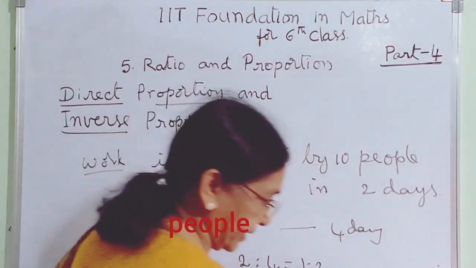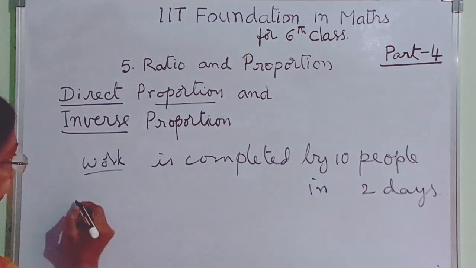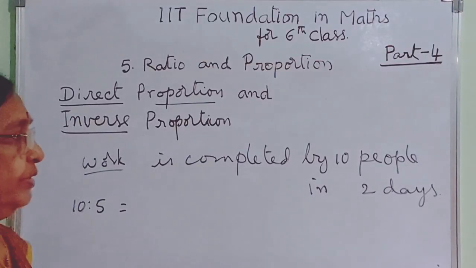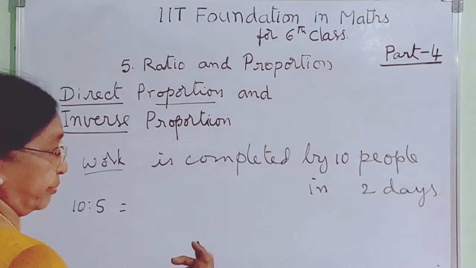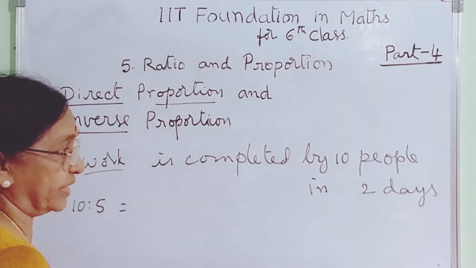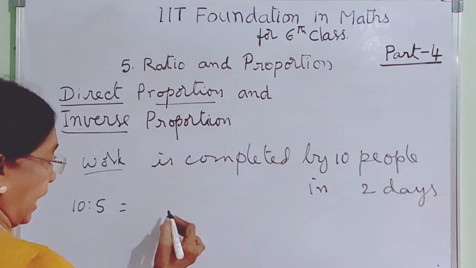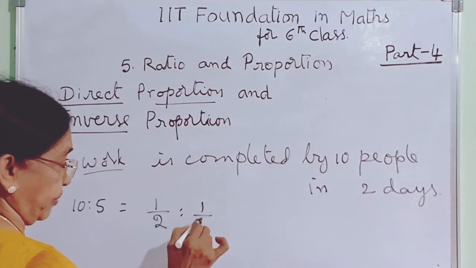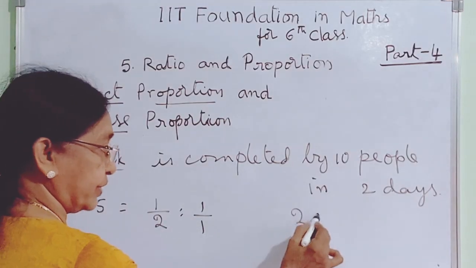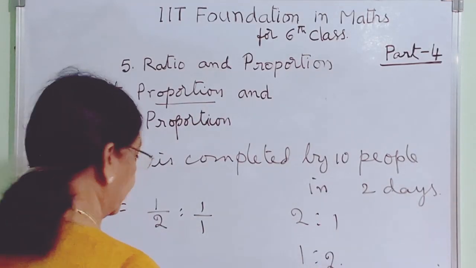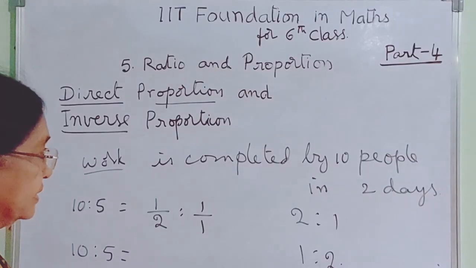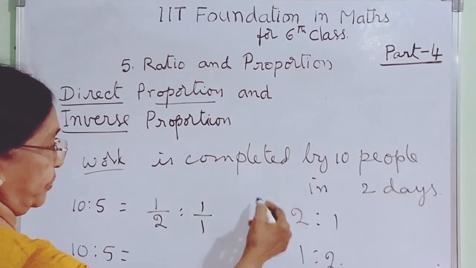This relation is written as: the ratio of the people is 10:5, and the ratio of the number of days is 2:1, which in inverse proportion is written as 1/2:1/1, or instead of 2:1 it is written as 1:2. So 10:5 is equal to 1:2, where here it is 2 days, and if the people increase, it is 4 days.